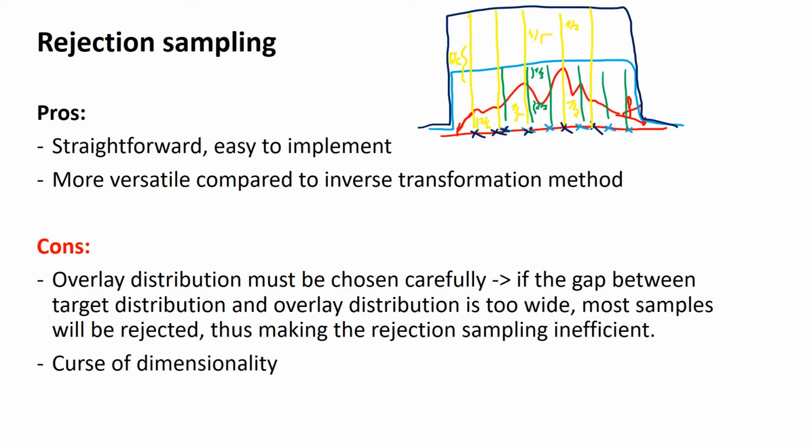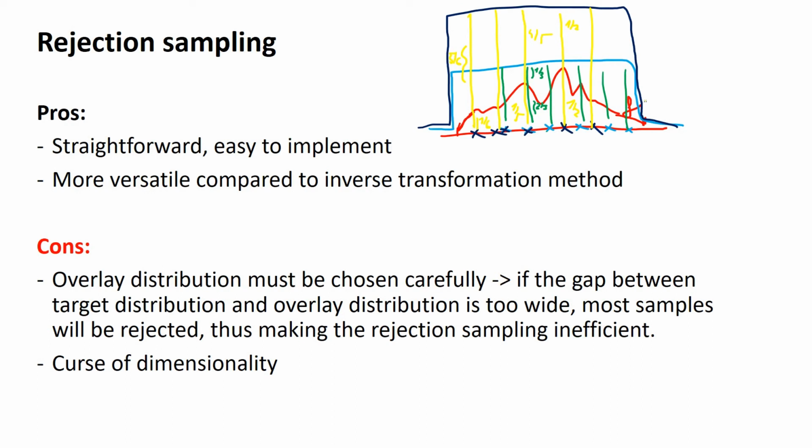So if we sampled 10 times, only 2 times you would accept this sample. Whereas if we use this light blue, the probability of accepting is 0.6, here 0.2. So this is the trick.